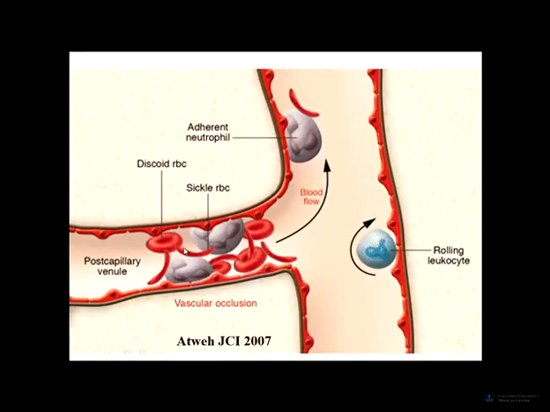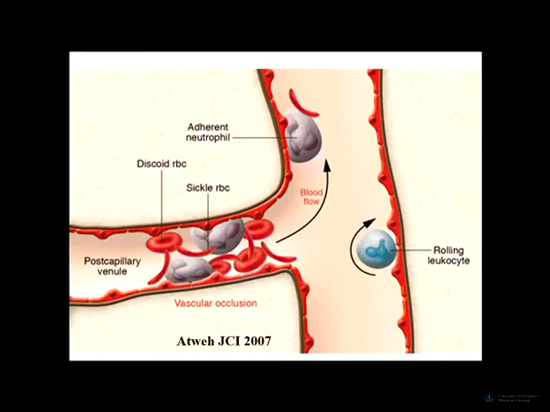You have the input of polys, so that you have the inflammatory white cells that then come to the area. And then you have a secondary trapping of these sickled red blood cells. So what eventually happens is that you have a plugging of the postcapillary venule, and that spreads to the larger vascular supply.